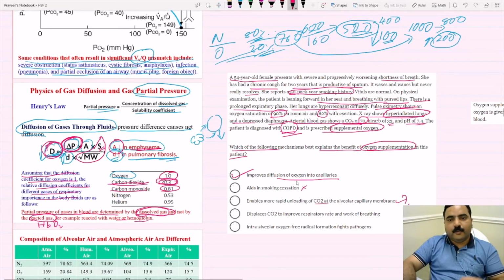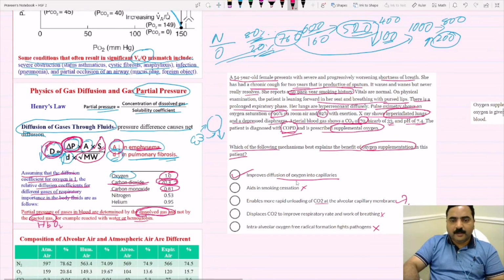In this case, you want more oxygen to go into the patient. Displaces carbon dioxide to improve respiratory rate and work of breathing? No, nothing to do with that. Intra-alveolar oxygen free radical formation fights pathogens? No, that's not the reason. High oxygen can cause oxygen free radicals, and this can cause damage not only to the pathogen but to our body also.